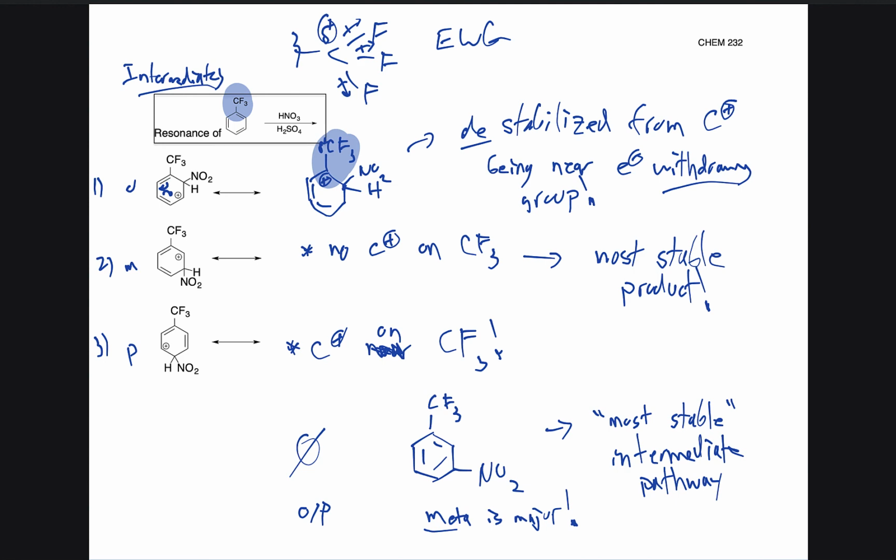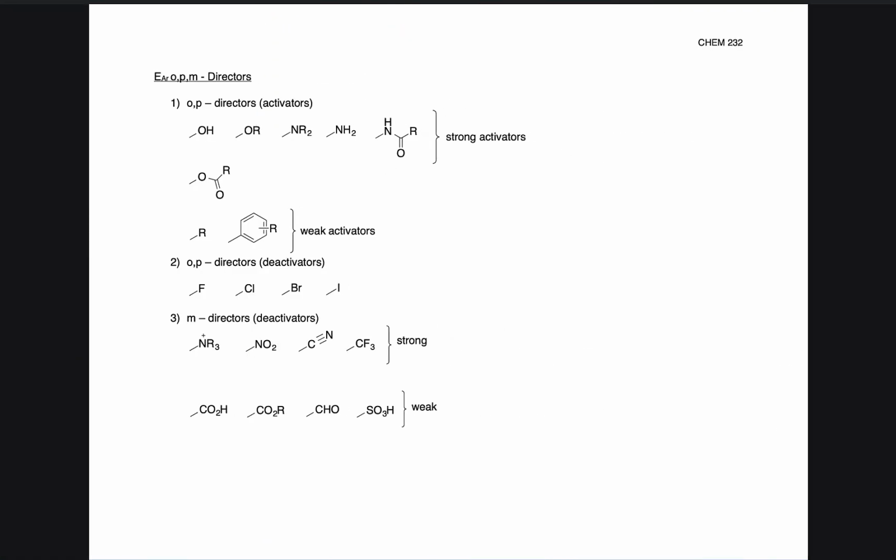So what other groups can be electron donating or electron withdrawing groups? So here's a general list of them, okay? We have these groups here that we call ortho-para directors. And these are those electron donating groups, right? We call them ortho-para directors because they direct groups going to the ortho and para position, like we just discussed, okay? And we have some that are strong activators, right?